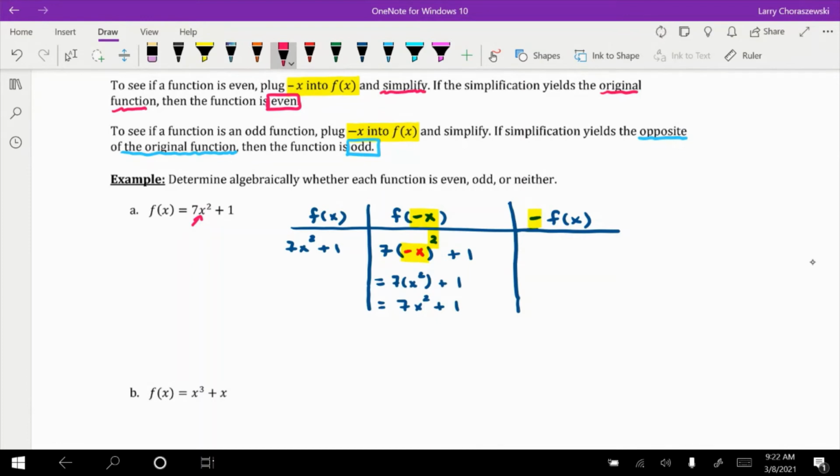All this simply means is that we're going to take the number negative 1 and distribute it to the original version of f of x. So let's do just that. We end up getting negative 7x squared minus 1. Now, do any of these results match the original version of the function? Or do we have any matches within the table?